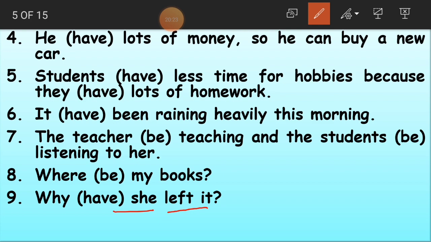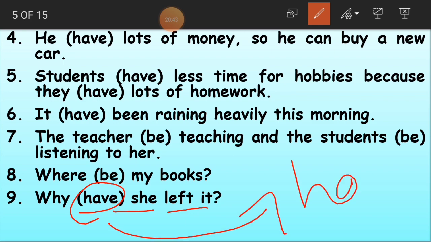And what are we having here? The verb form is have, no. And when the verb have is in singular form and it is set in the past tense, then this is going to change as had.